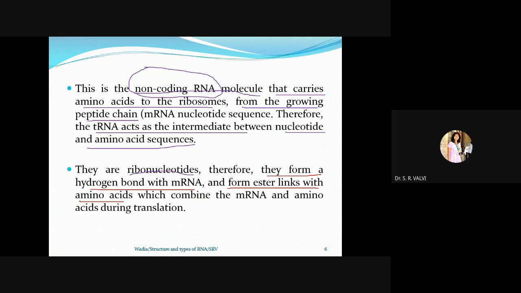See, tRNA forms a hydrogen bond with mRNA, and they form an ester link with amino acids, meaning one amino acid joins with the second amino acid with this ester link, which combines the mRNA and amino acid during translation.